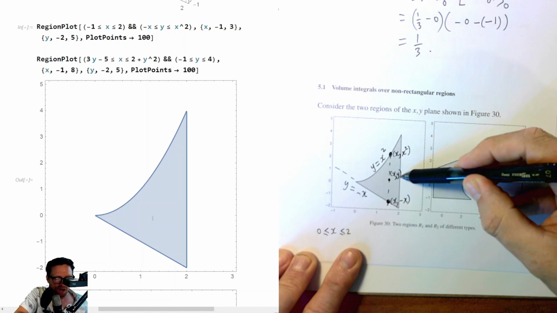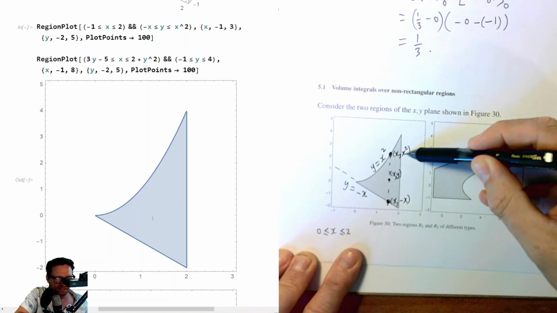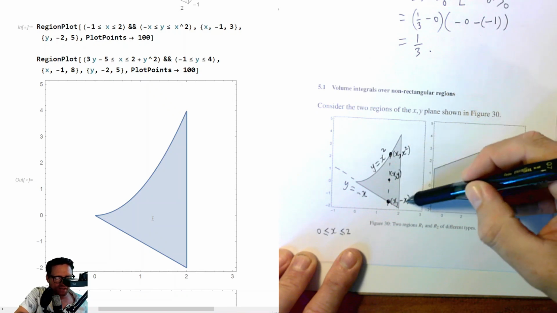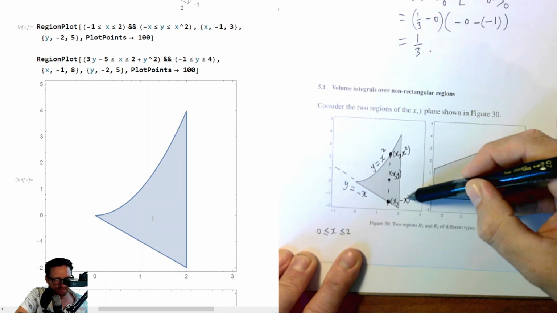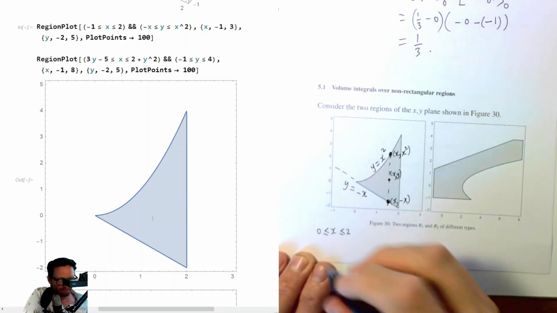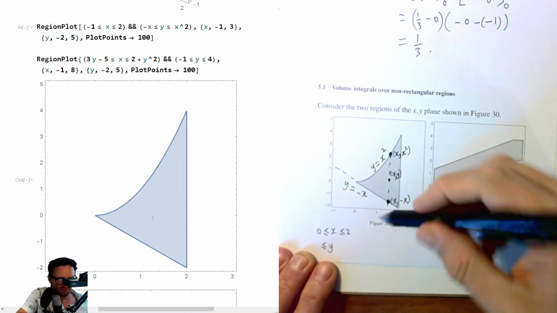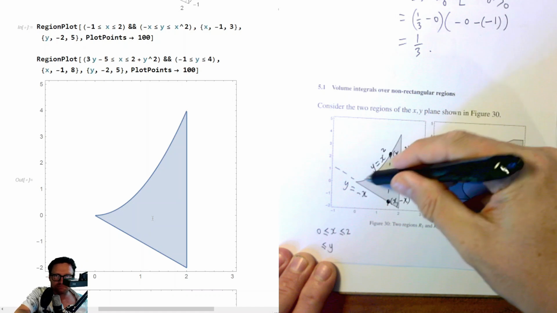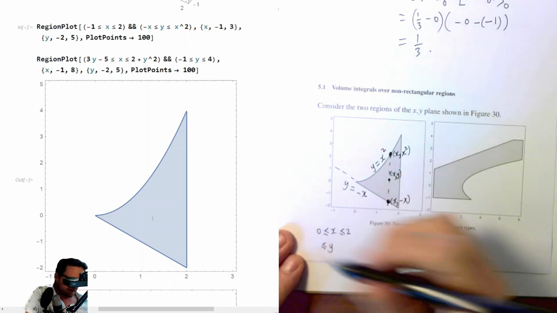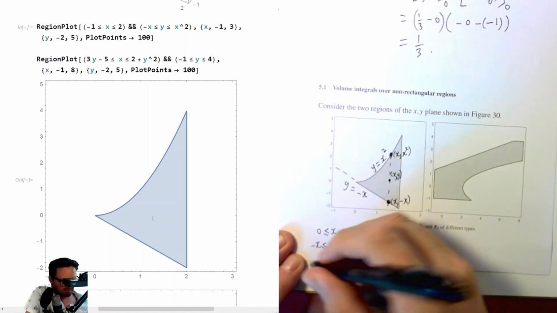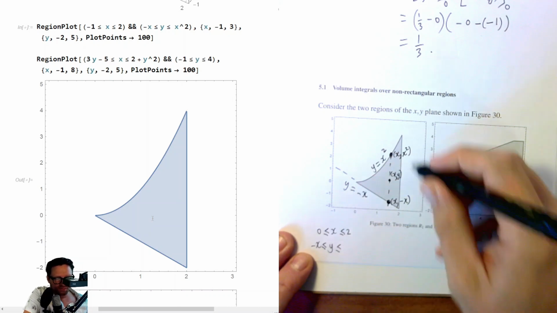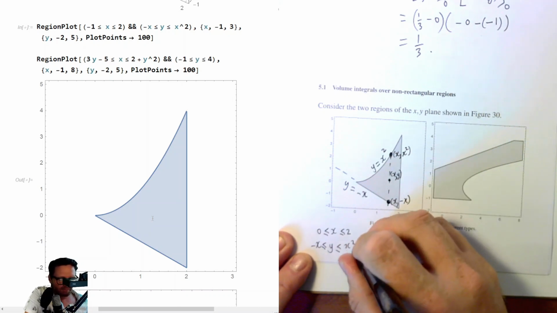Okay, and so this y is less than x squared, and it's greater than minus x. So, talking about this entire region, y is greater than or equal to minus x, but it's less than or equal to x squared.